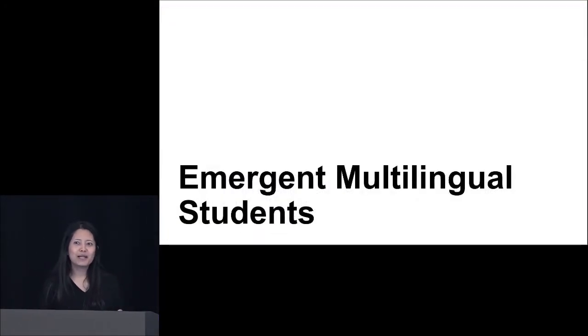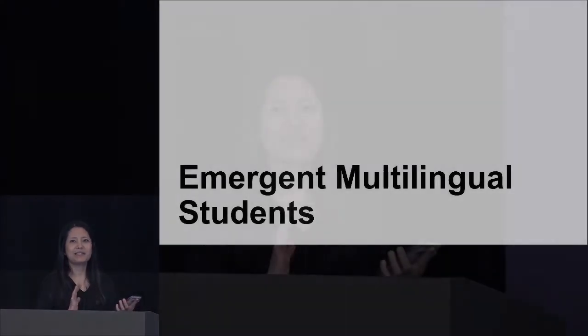Now, I consider my students emergent multilingual students instead of English language learners because I've noticed that the more they collaborate, the more they exchange ideas, they actually sometimes also exchange languages. And so they learn other languages as well, but they still use English to negotiate the meaning.